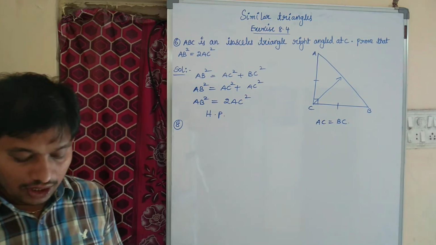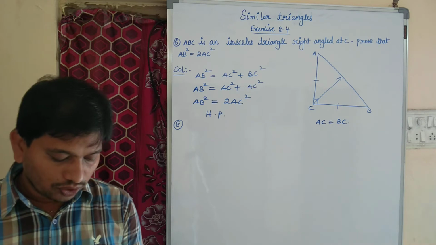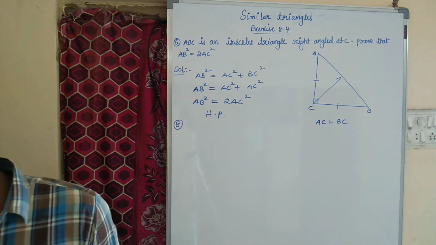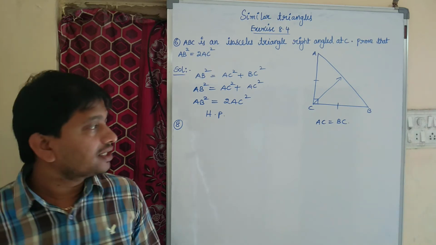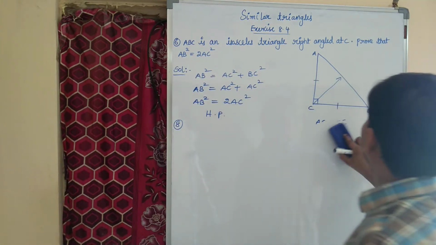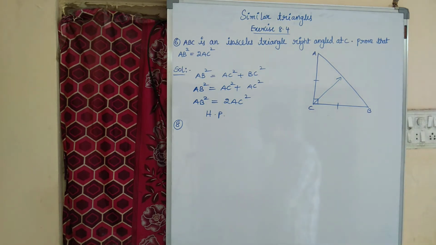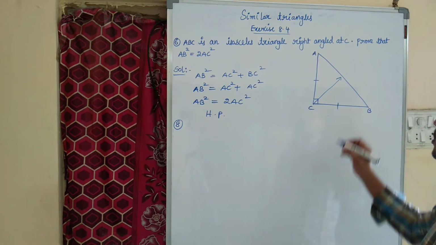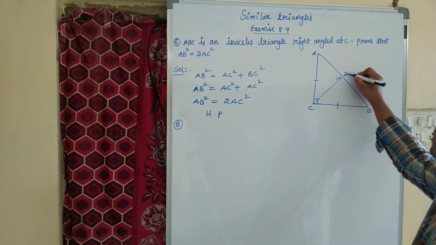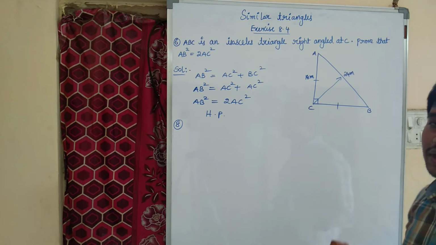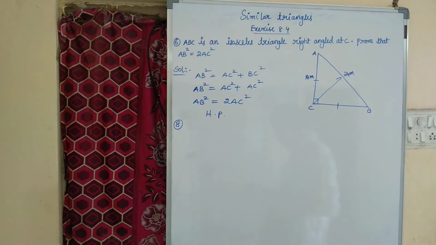A 24-meter long wire is attached to a vertical pole of height 18 meters. Suppose you consider this 24-meter long wire is attached to a vertical pole of height 18 meters, and it has been attached to a stake at the other end.